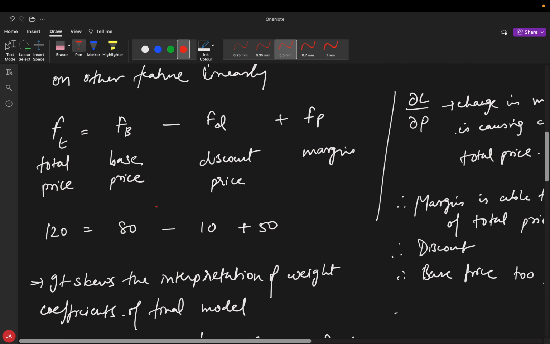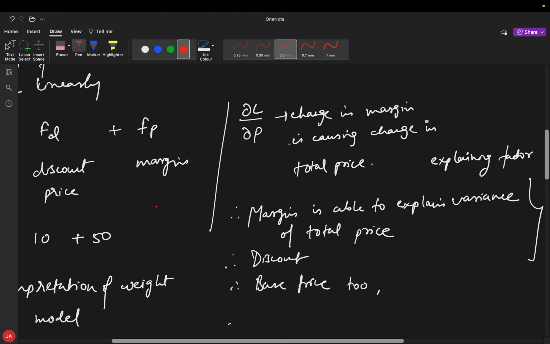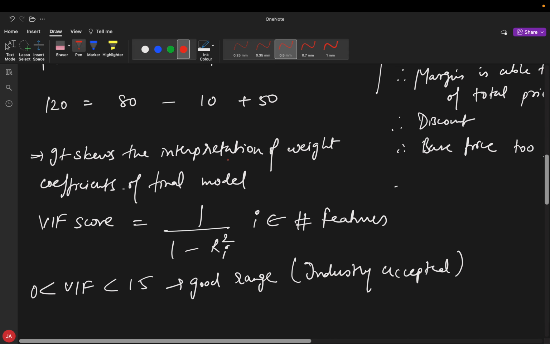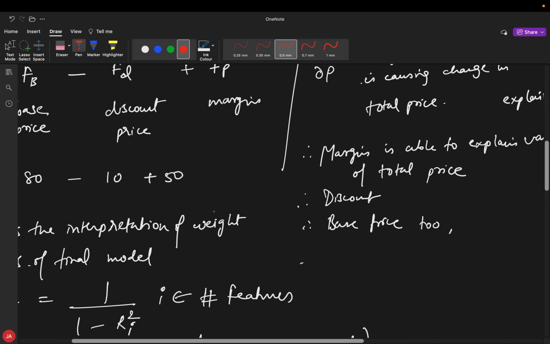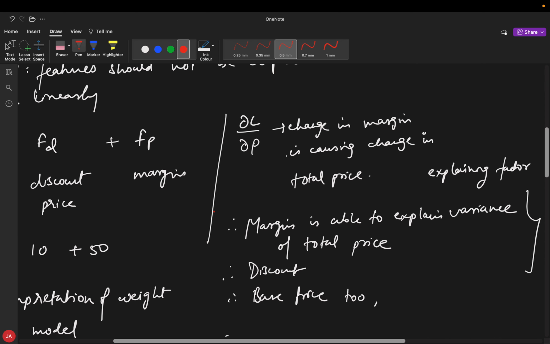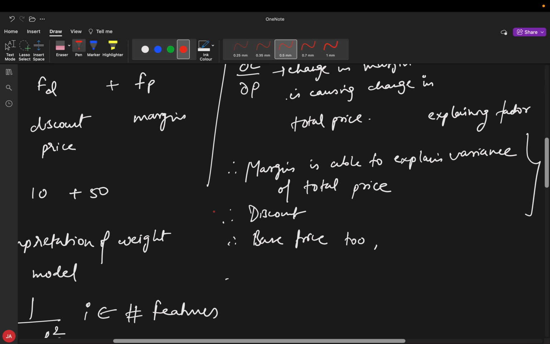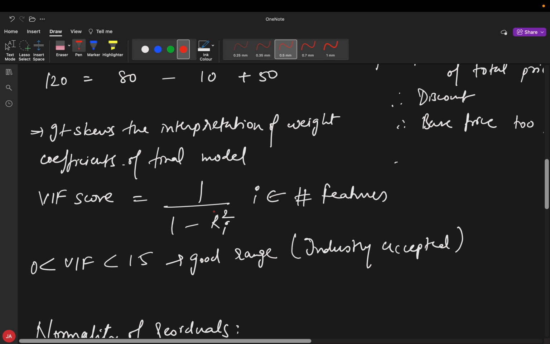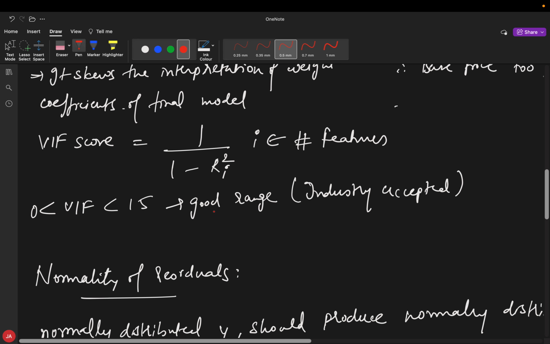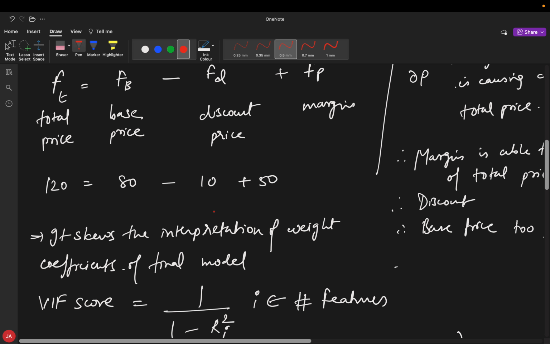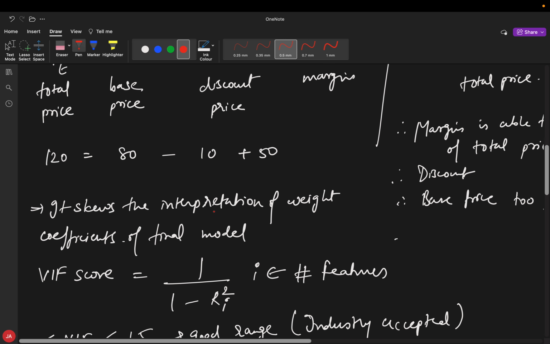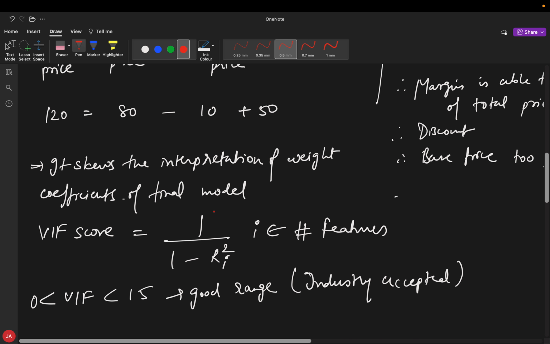If you include all these features in the model, my final weight coefficients would be skewed. We cannot rely upon the final weight coefficients derived by the model, because my model has features which are linearly dependent on each other.